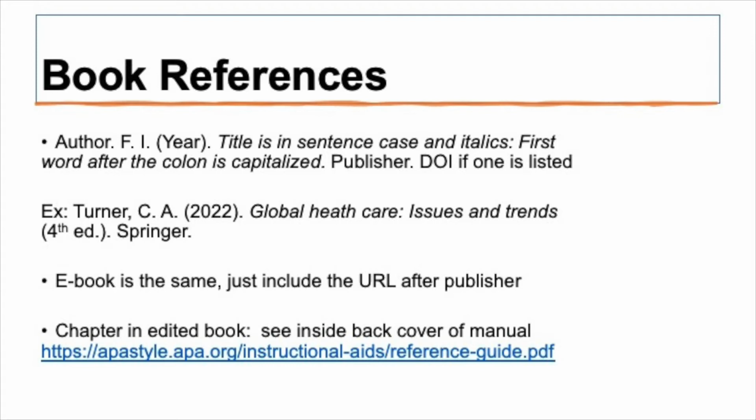Some people choose to get very specific about making sure they're giving credit to a specific chapter author. I'm not sure how much of a difference that will make in terms of your APA formatting.